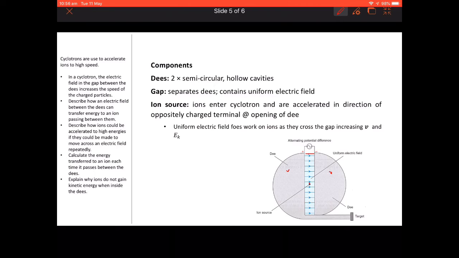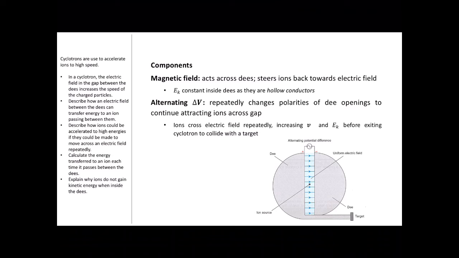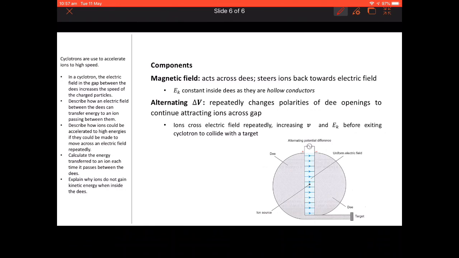The uniform electric field does work on the ions as they cross the gap, and this increases their velocity and therefore their kinetic energy. The magnetic field acts across the Ds, and this isn't shown in the diagram here.